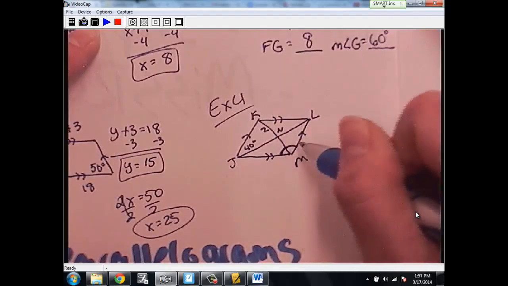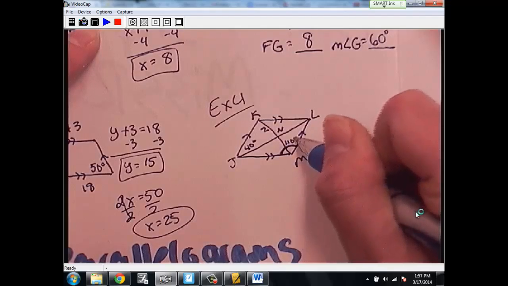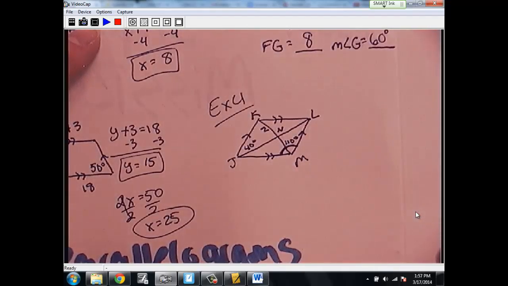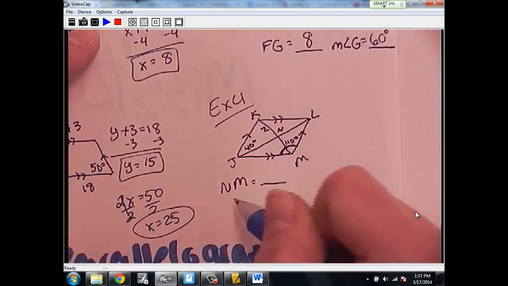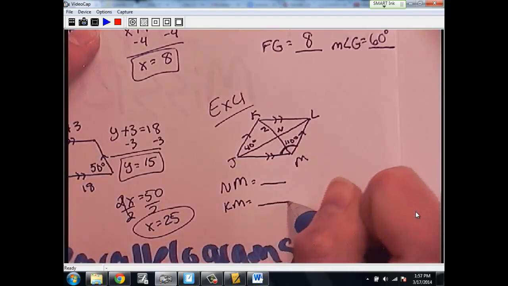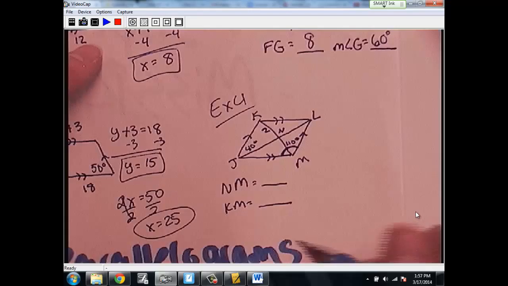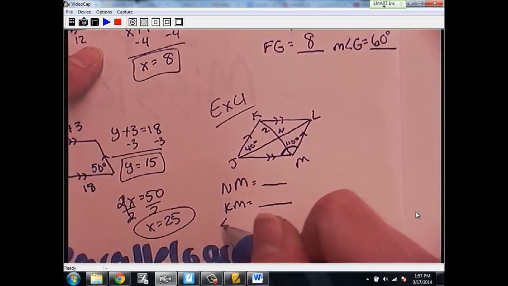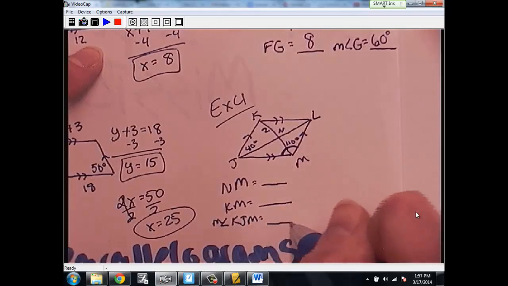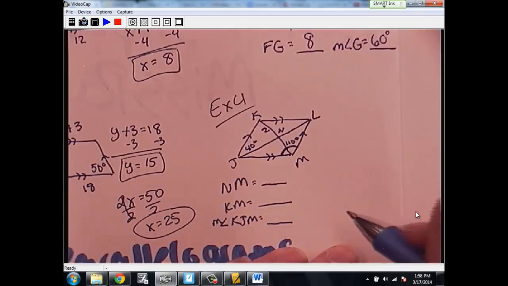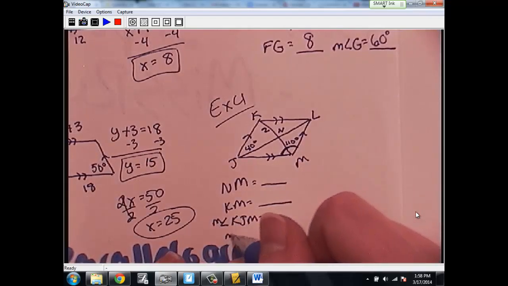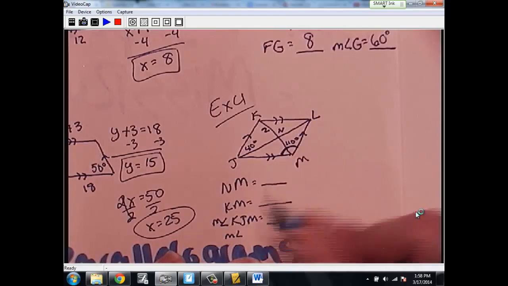This whole thing is 110. And I'm going to say, let's find NM, KM, measure of angle KJM, and the measure of angle NJM.